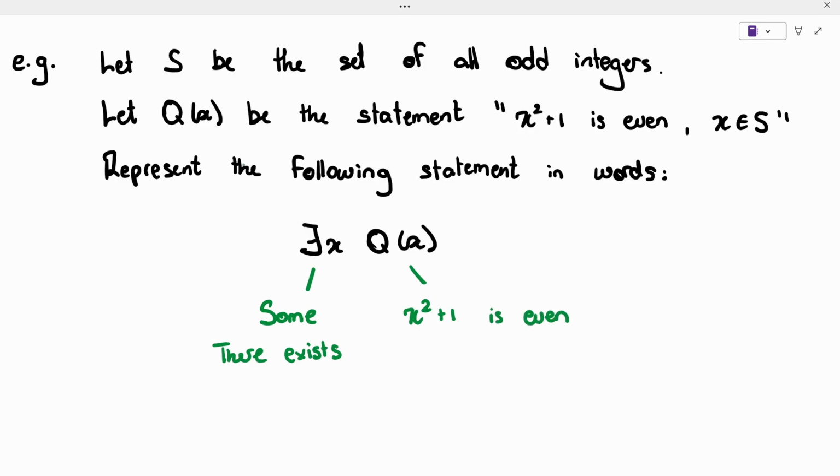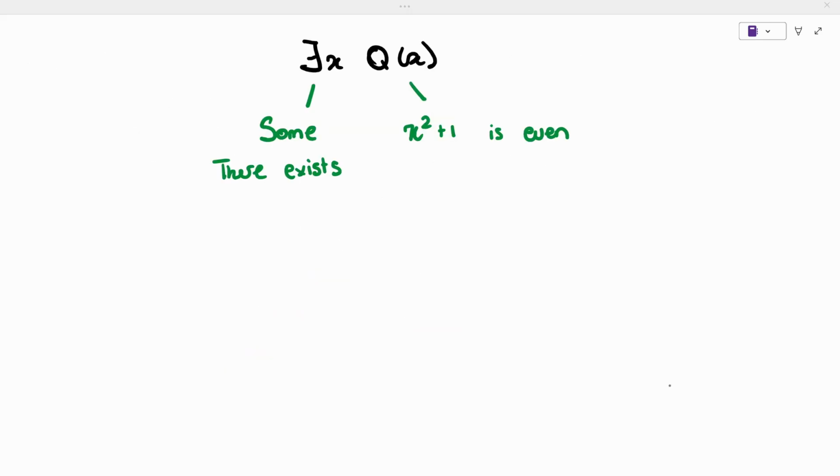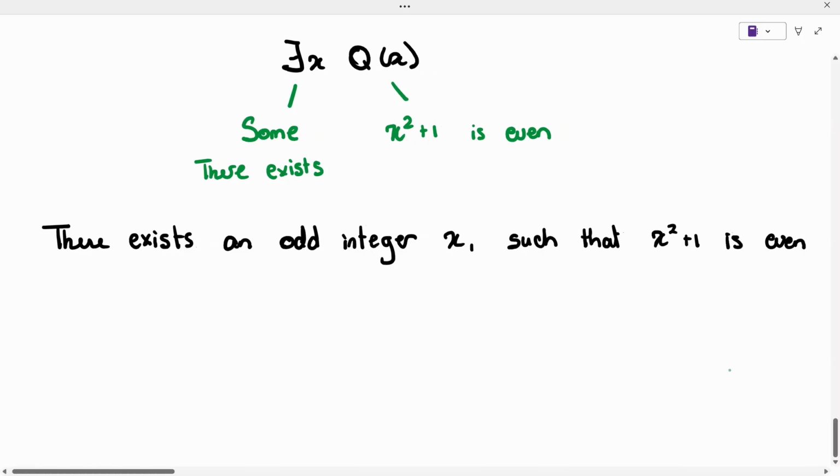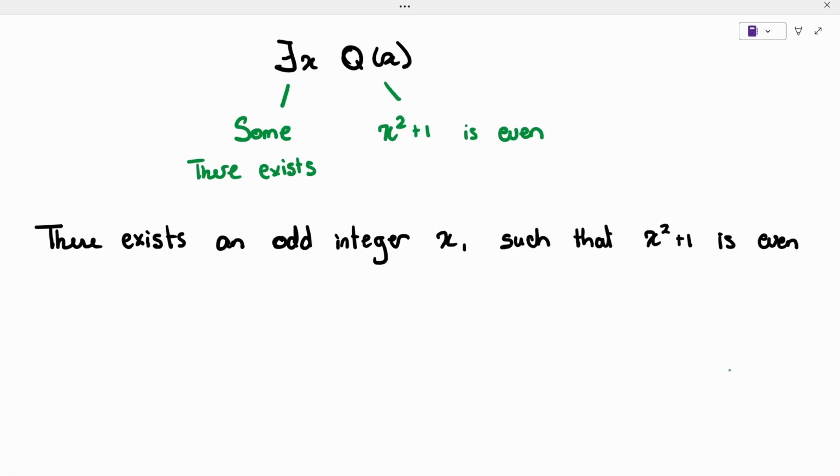So to say that there exists x, we are trying to say there exists an odd integer x such that x squared plus 1 is even. By the way, is this statement true? Is there an odd integer such that that integer squared plus 1 is even? Yes, the statement is true.